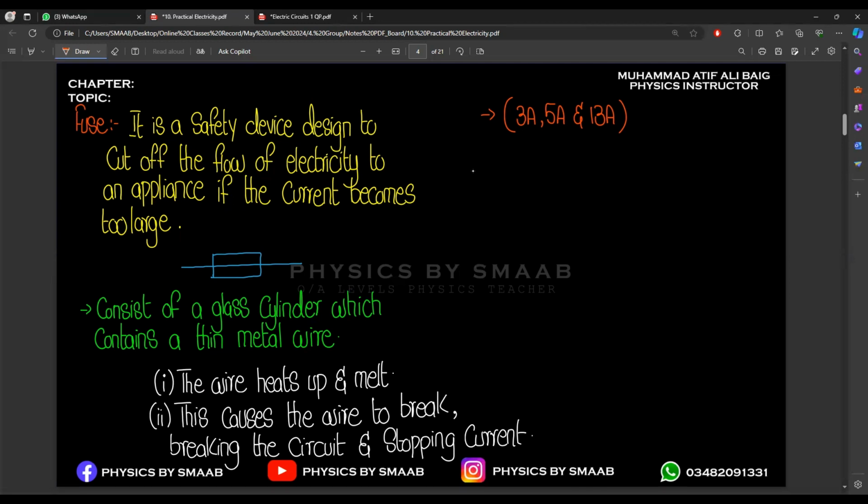So in this way we use different values of the fuse in our circuit according to the situation, or according to the condition of the electrical circuit, that is, what your requirement of the current is and how much current we allow to flow in the circuit. Okay.